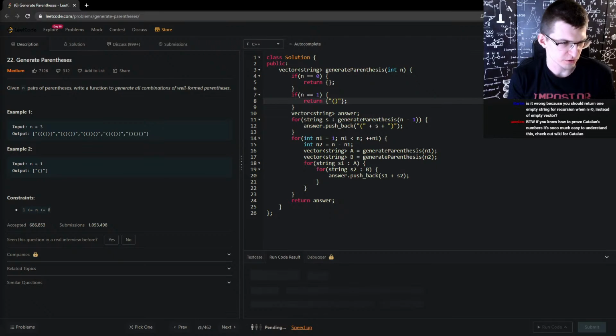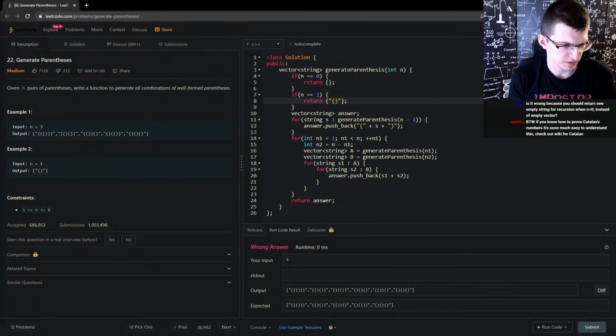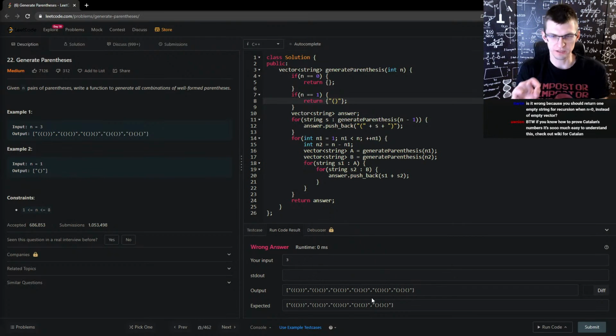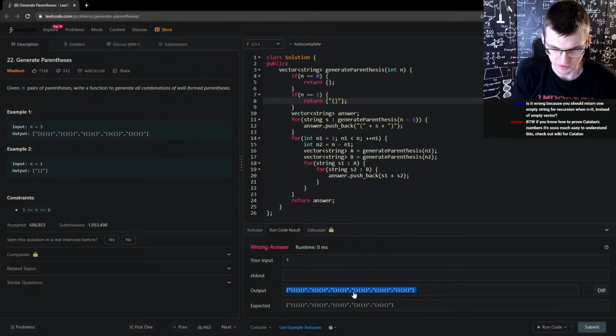Is it wrong because you should return 1 empty string for recursion when n is 0 instead of an empty vector? Yes, but I don't want this empty string to be there. All right, now this is better. And the only issue here that I expect is that some elements will occur twice, and this is the case. You see this open, close, open, close, open, close?